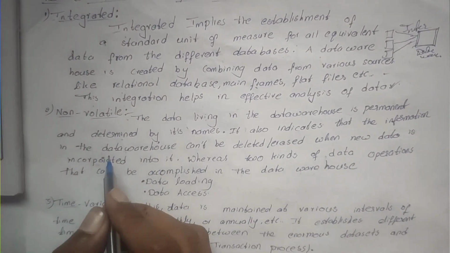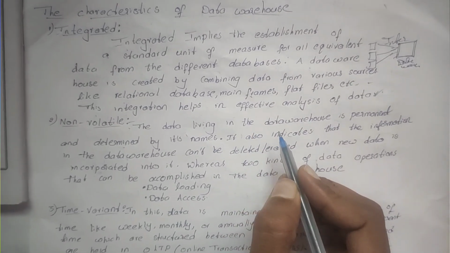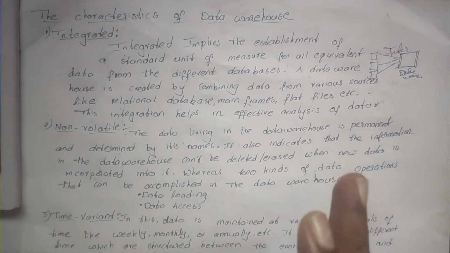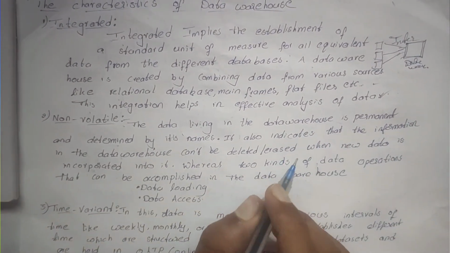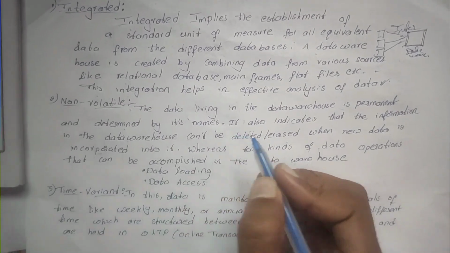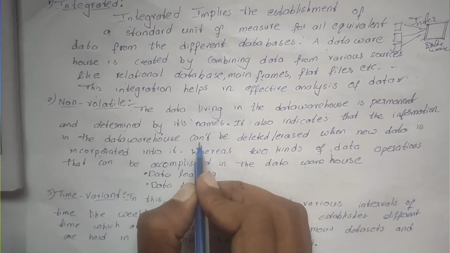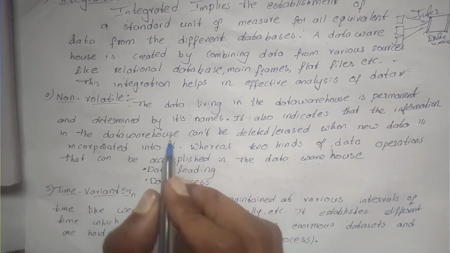Then next, non-volatile. The data living in the data warehouse is permanent. That means, as determined by its name, the information in the data warehouse can't be deleted when new data is incorporated.